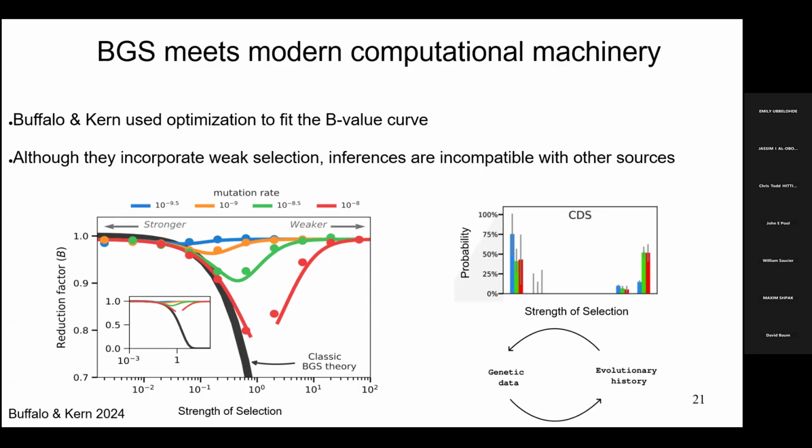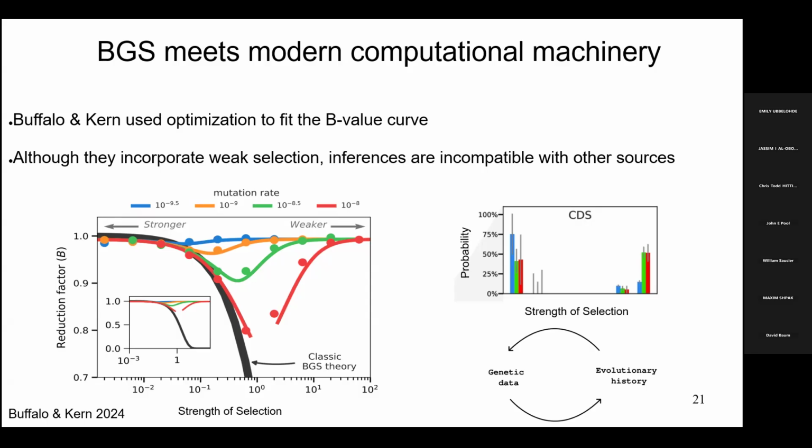This makes progress in the weak selection region, but this is actually the peak of linked selection, because these intermediate levels of deleterious diversity and intermediate levels of the pace of removal of variation combine to lead to a strong reduction factor, so lower B values, and the model does not work.